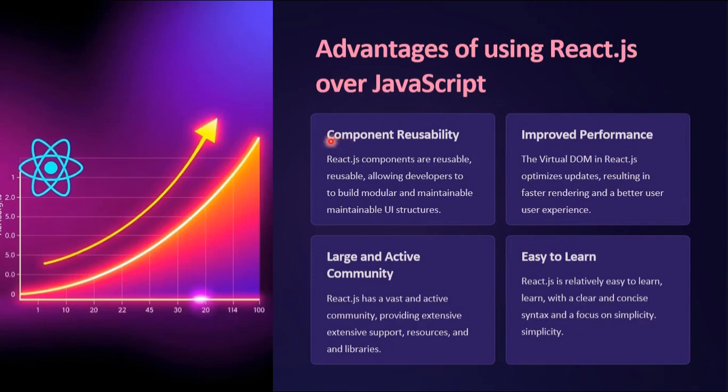In React.js, if we create a component, we can use it multiple times, meaning a component is reusable. It has improved performance of JS and a large and active community.